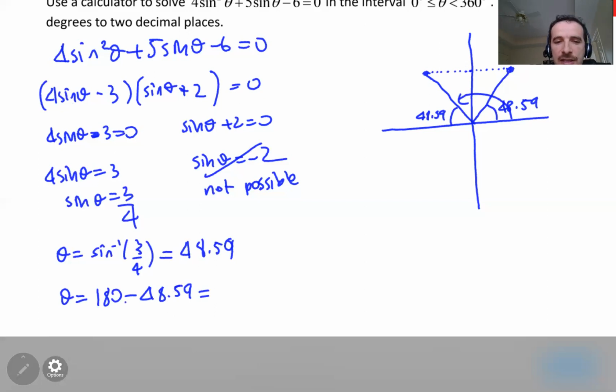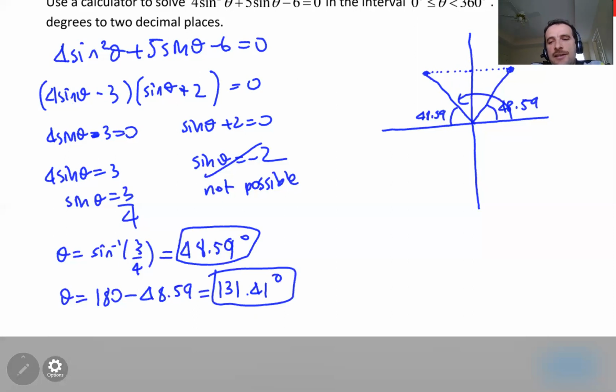If it was 50, 180 minus 50 is 130, so 131.41 degrees. Yay, these are the solutions. There is nothing actually new here, but sometimes, if it's not a special triangle, you can also use a calculator. Okay, let me stop here for this video.